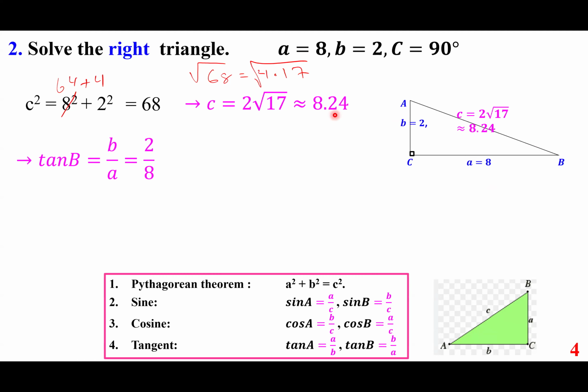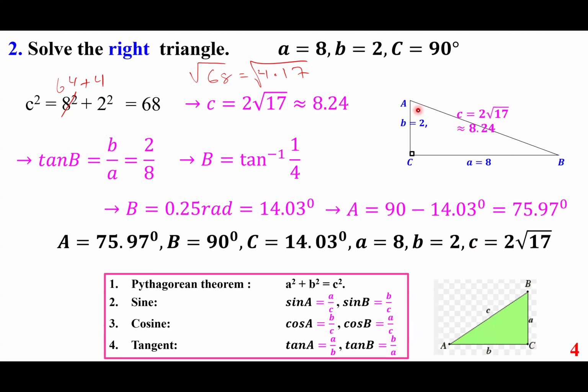In this case, B becomes tan inverse of 2 over 8, or tan inverse of 1/4. You put it into a calculator, it becomes 14.03 degrees, and subtract this from 90, you get the angle A. And we write this summary of all sides and all angles.